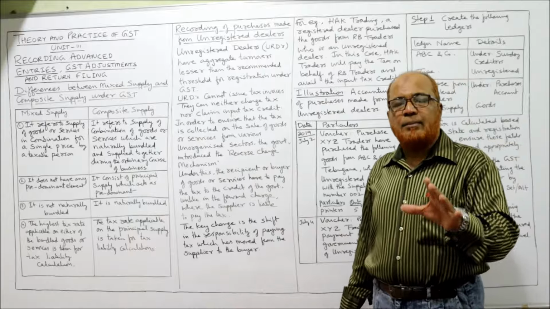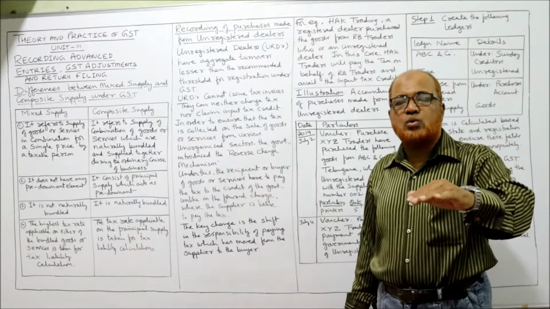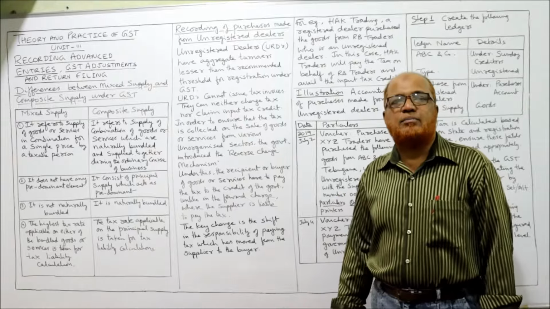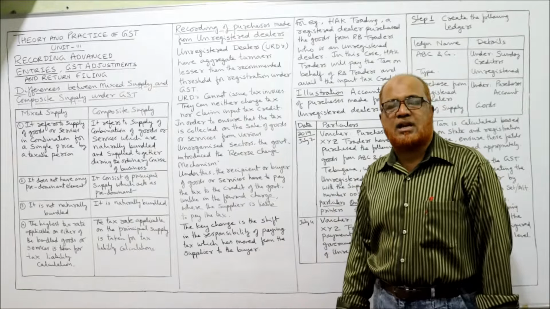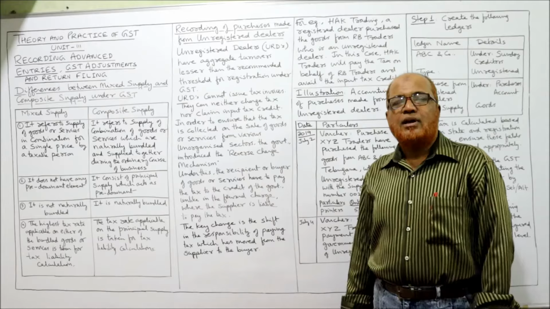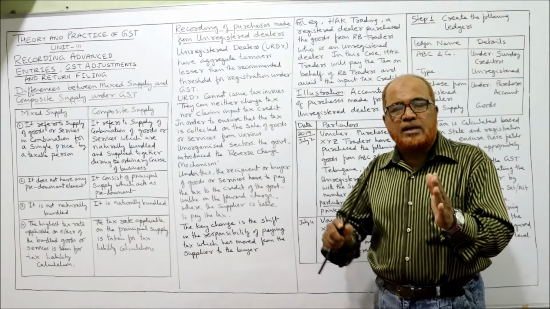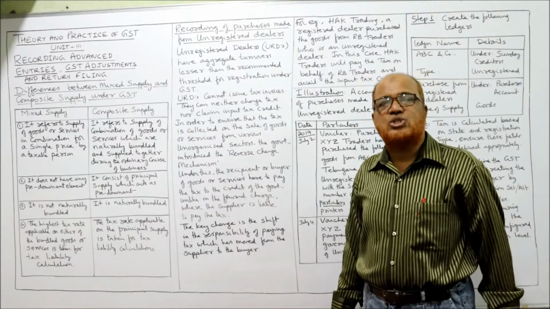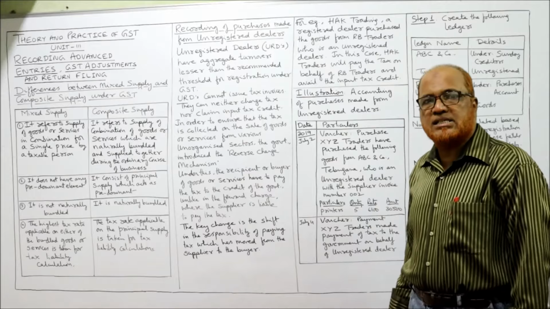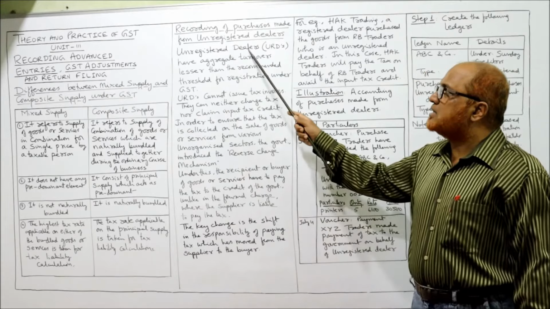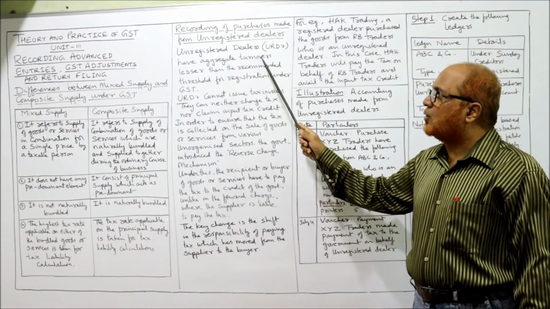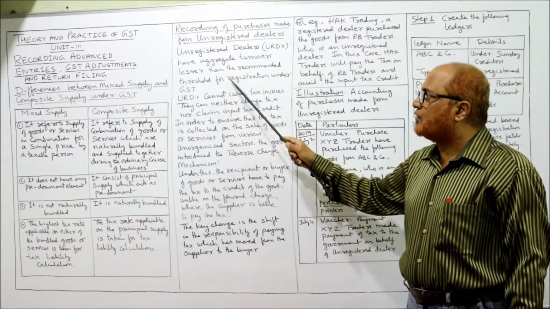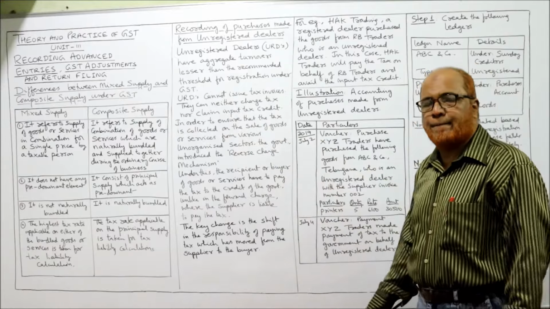Whoever wants to register under GST, a threshold amount is prescribed by the GST. If the turnover is more than the threshold, then only that person will get registered under the GST Act. So unregistered dealers have aggregate turnover lesser than the threshold for registration under GST.